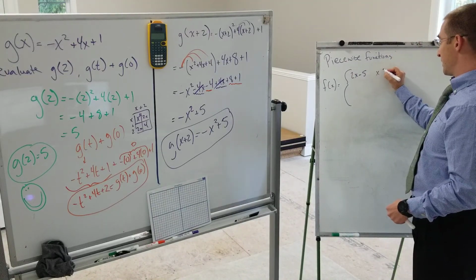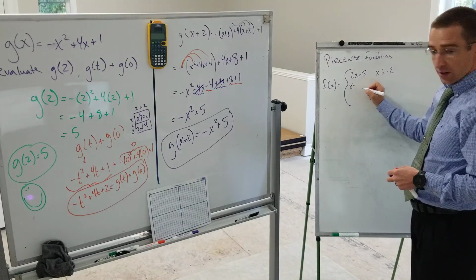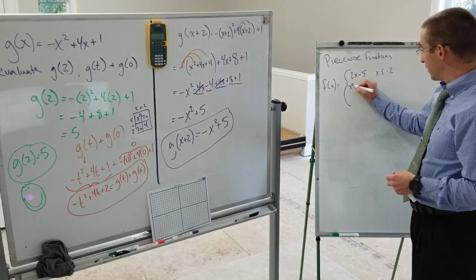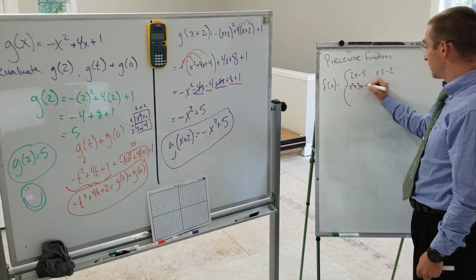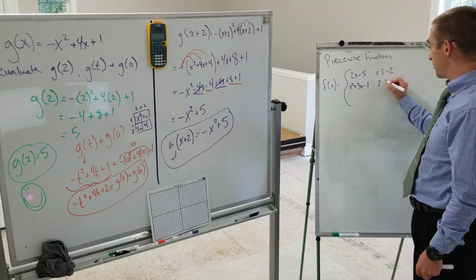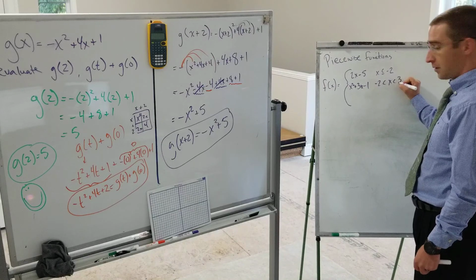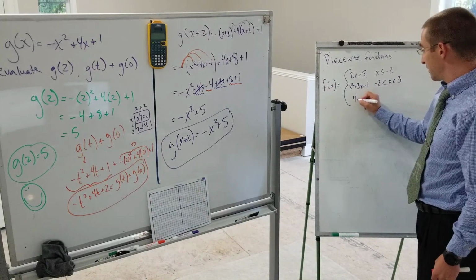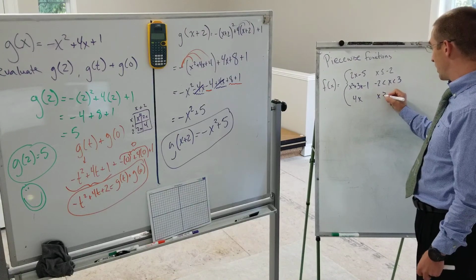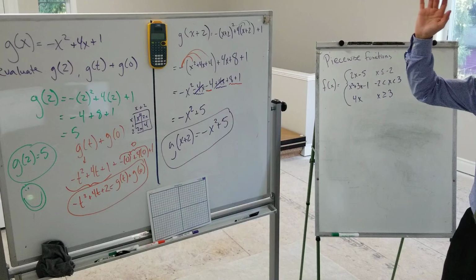When x is less than or equal to negative 2, it's x squared plus 3x minus 1 when x is between negative 2 and 3, and it's 4x when x is greater than or equal to 3. I just made this function up.